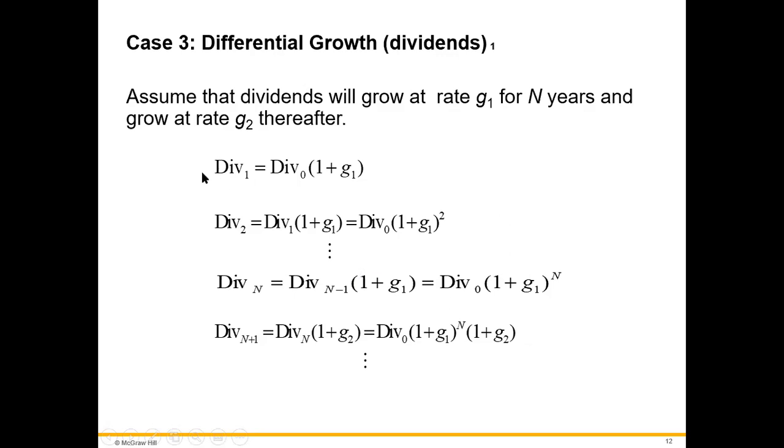So first of all, you want to calculate the dividend in year 1. So take the last dividend times 1 plus the first growth rate, because that's how much it'll actually grow. And then we will calculate each dividend amount based on that.